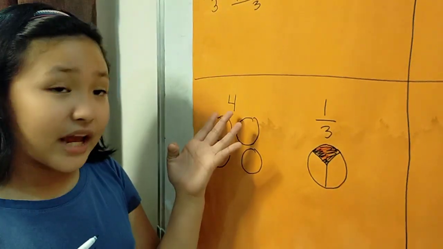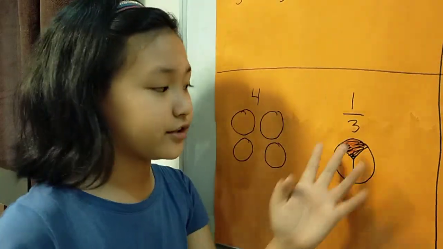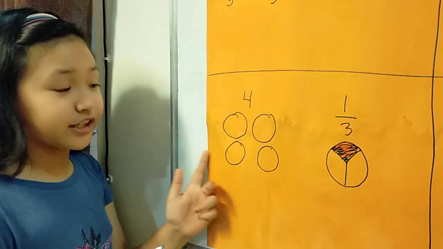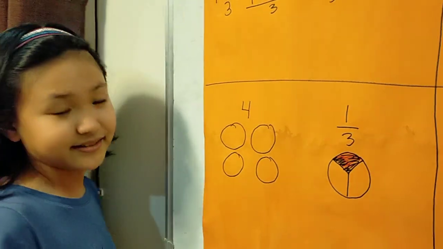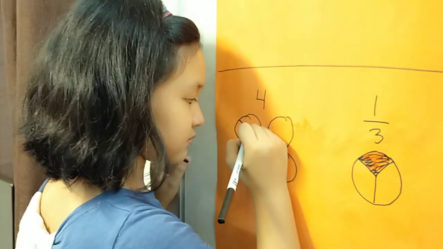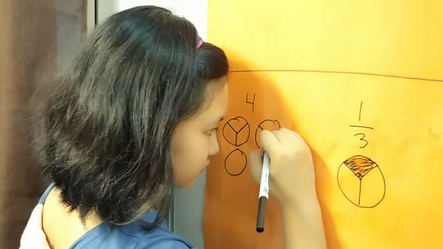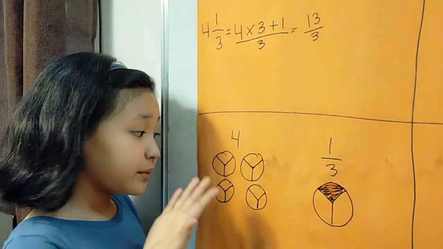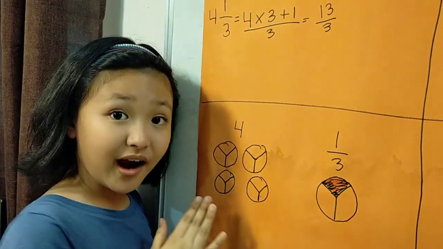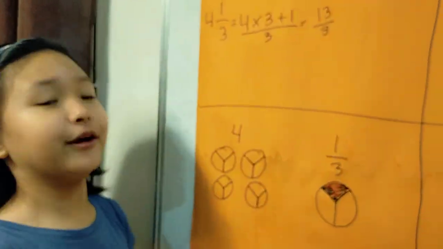Since the whole number is 4 and the denominator is 3, we should divide all these circles into 3 equal parts. So we should shade all of these equal parts because it is a whole number.